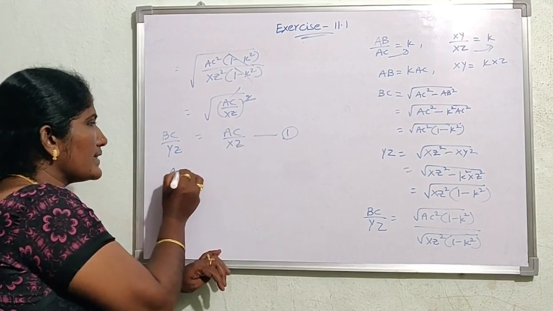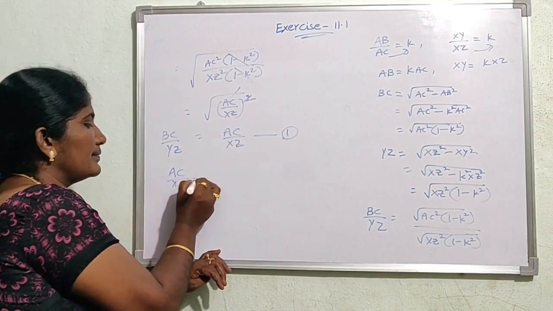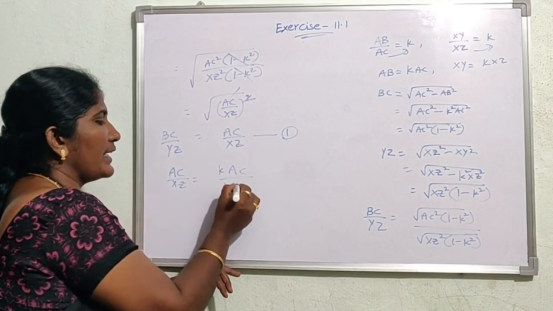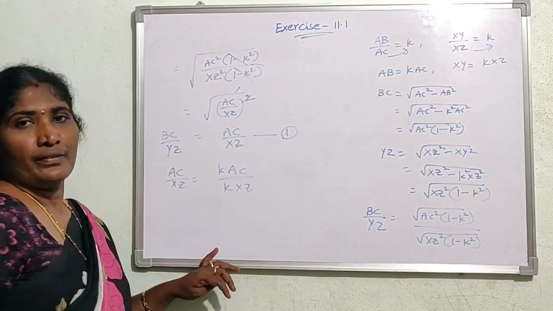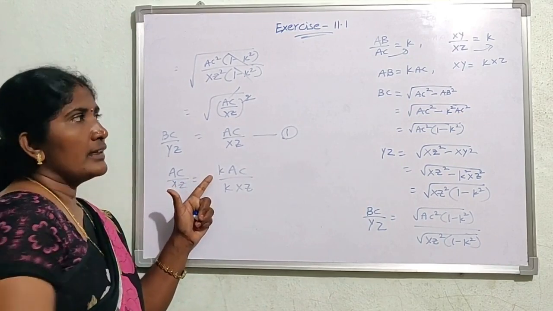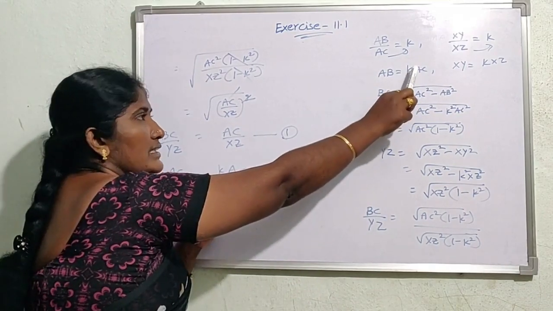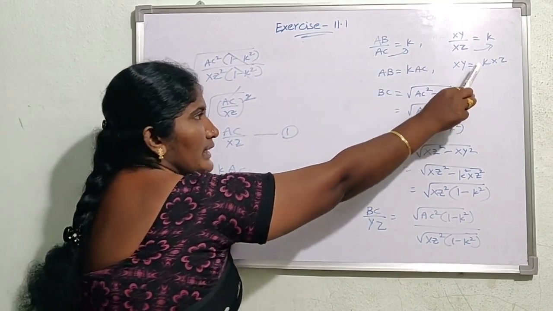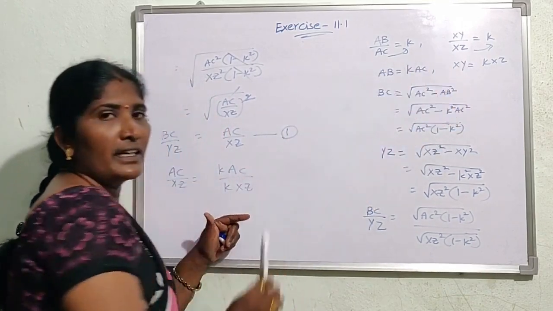Now take AC by XZ. Just I am multiplying both numerator and denominator with K. Why we are multiplying with K? Here by observing, instead of KAC we can write AB. Instead of KXZ we can write XY.